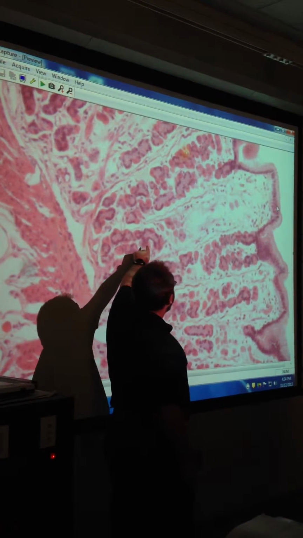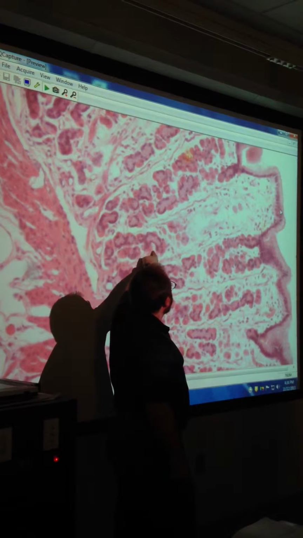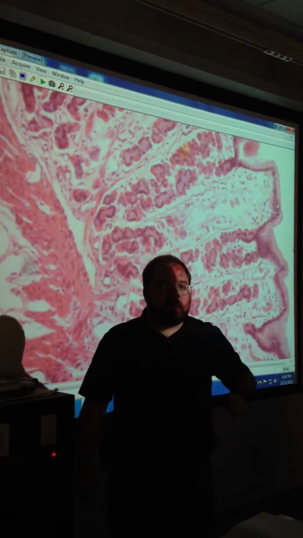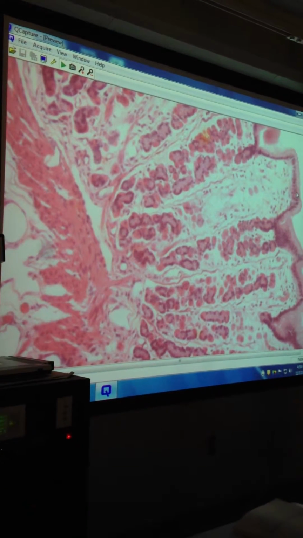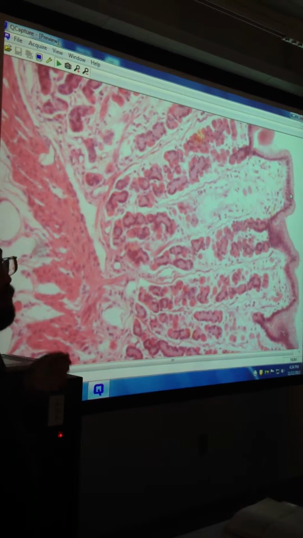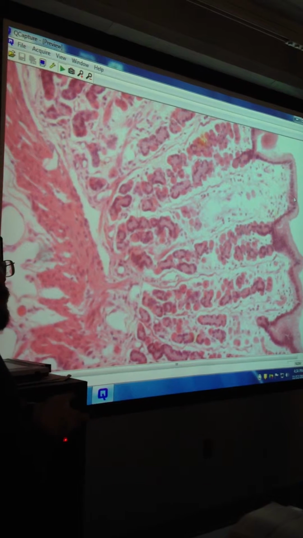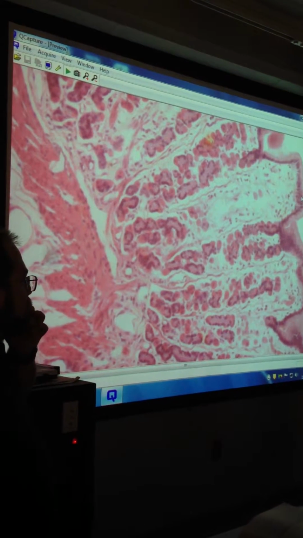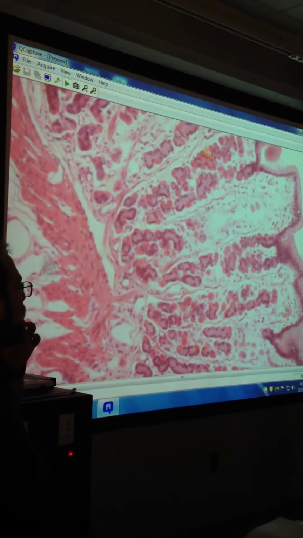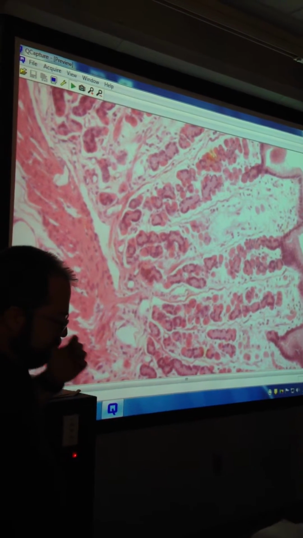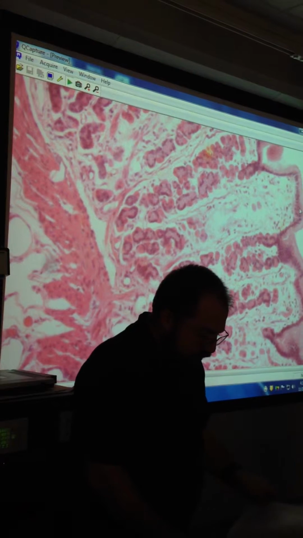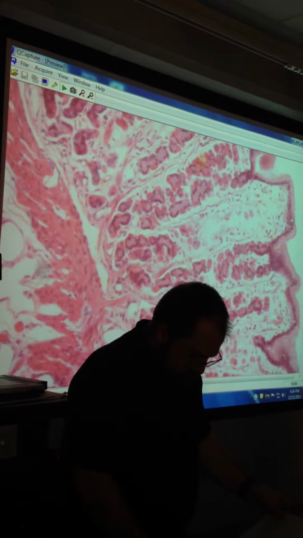You see how there are 2 different kinds of cells? There are these dark ones, and then there are these larger, more red cells. You need to know about those cells as far as lecture is concerned. I talked about the chief cells and the parietal cells.